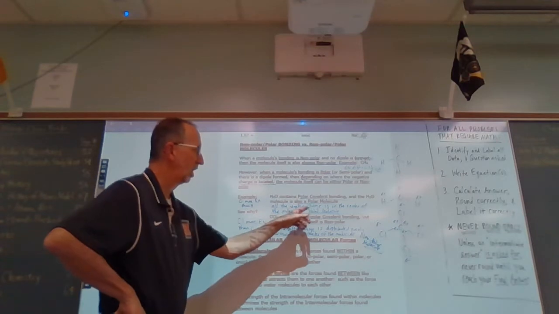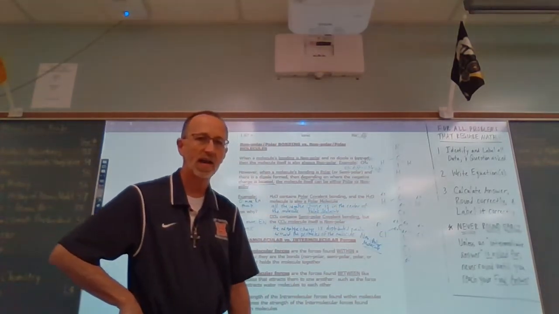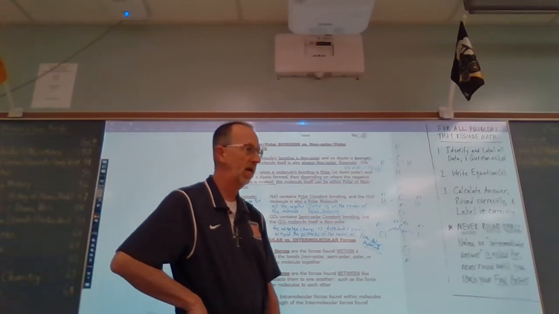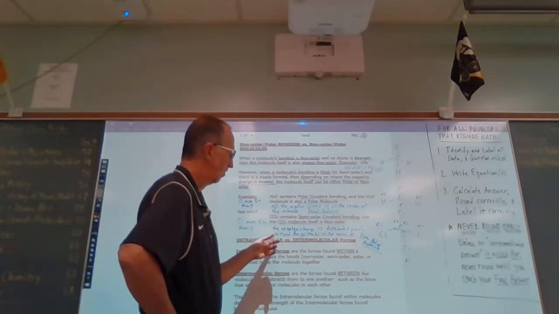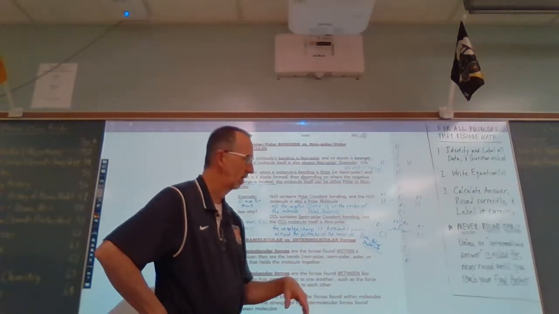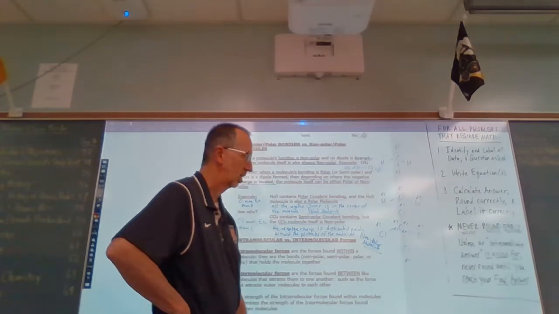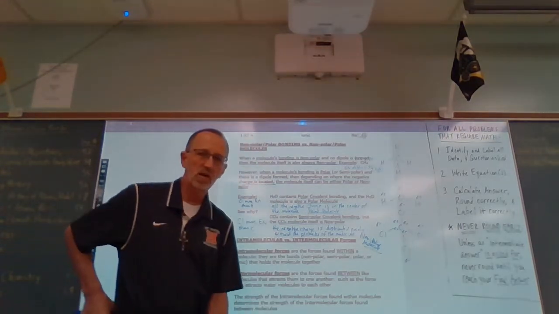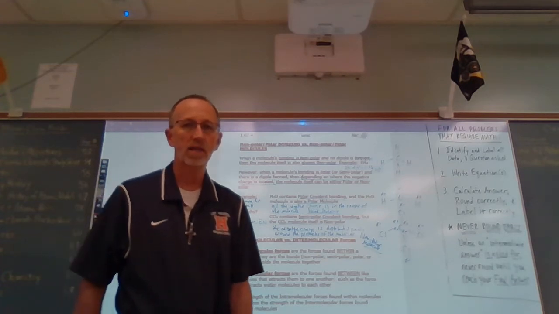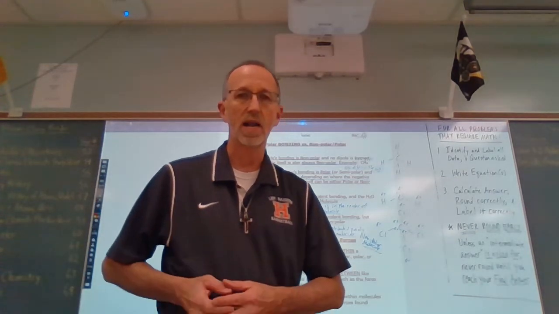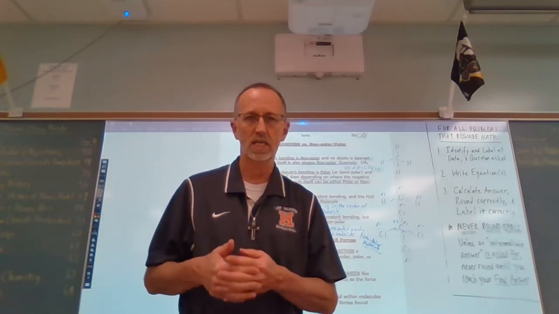Again, if all the negative charge is in the center of the molecule, if the more electronegative atom is in the center, then the molecule itself is polar. But if the partial negative charge is distributed evenly around the perimeter, like it is in CCl4, then even though the bonding is polar, or in this case semipolar, the molecule itself is nonpolar. Make sure you understand the difference.